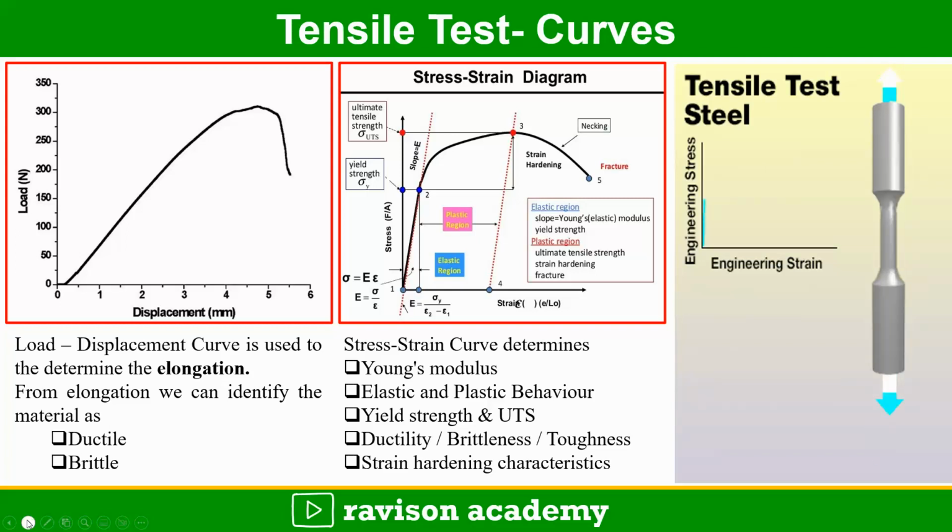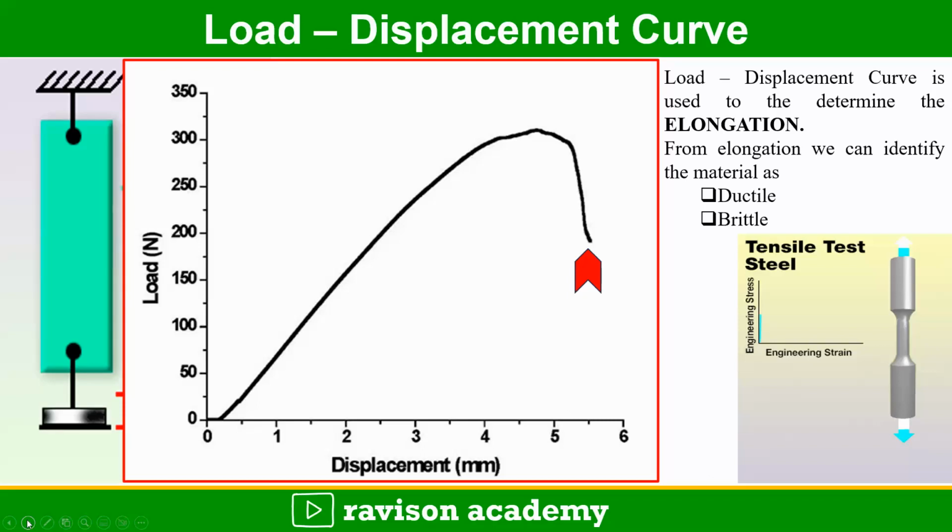So coming to the load displacement curve, once the load is applied, the body elongates. Here is a plot representing the displacement on the x-axis and the load on the y-axis. When the load increases, the displacement also increases. At the final point, the fracture occurs.